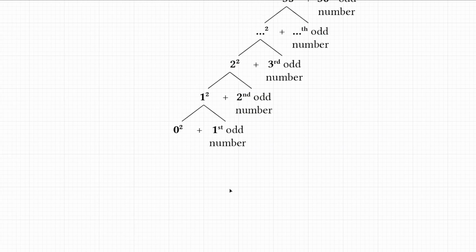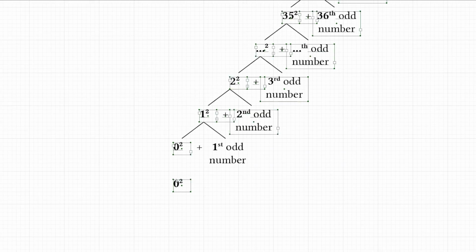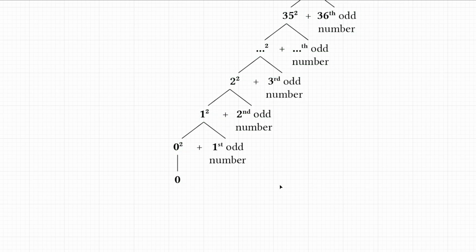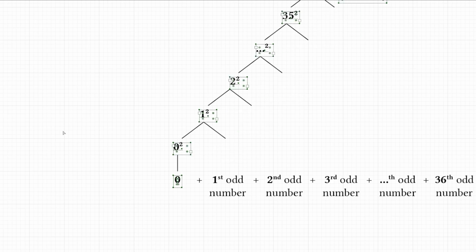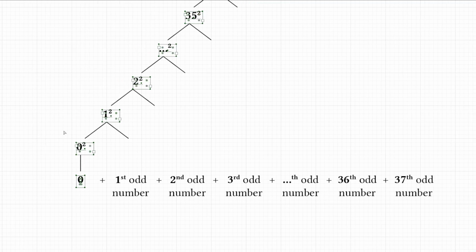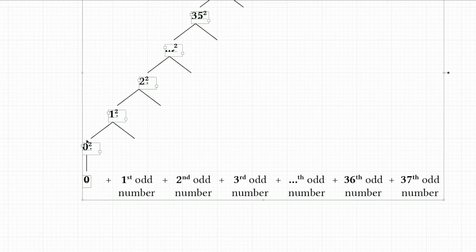Or if you don't consider 0 to be a natural number, you can just stop at 1 and say, well, the square of 1 is 1, because that's the unit square. In any case, what you get in the end is the sum of all the odd numbers up to the nth, well, actually the n plus 1th odd number.